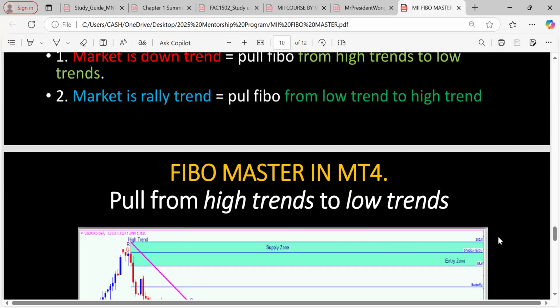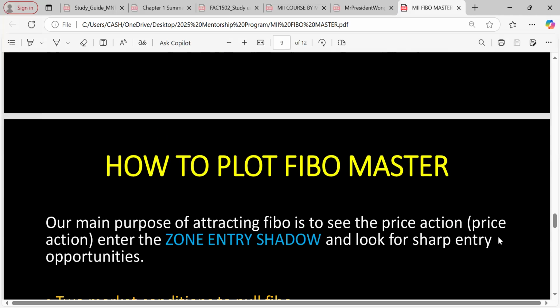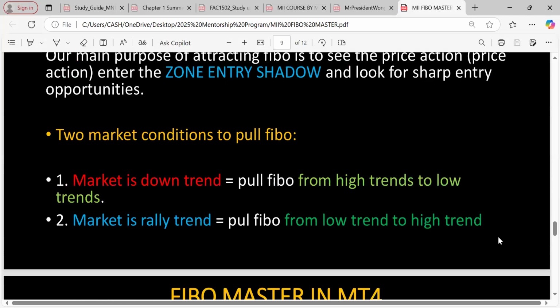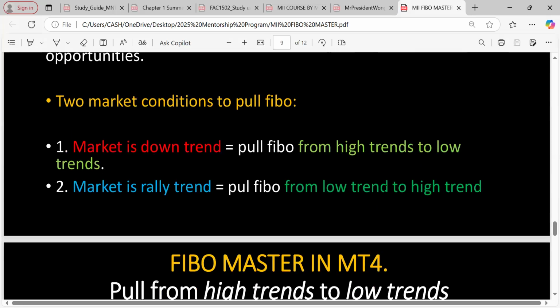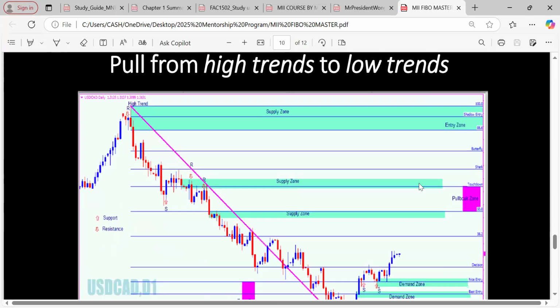If the market is moving in a downtrend, we pull from the high level to the low level. If it's moving on a rally, we pull from the low to the high. Just another example on the MT4. You can see this one.